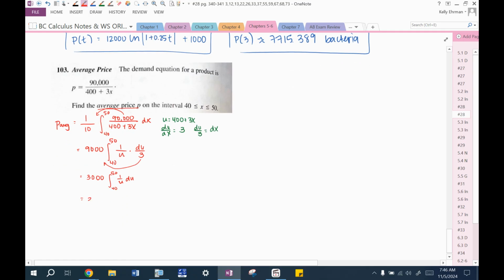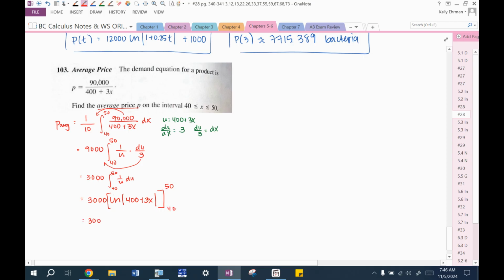So now we can integrate. This is 3,000 times the natural log of the absolute value of 400 plus 3x. Sorry, definite integral. And we're going from 40 to 50.